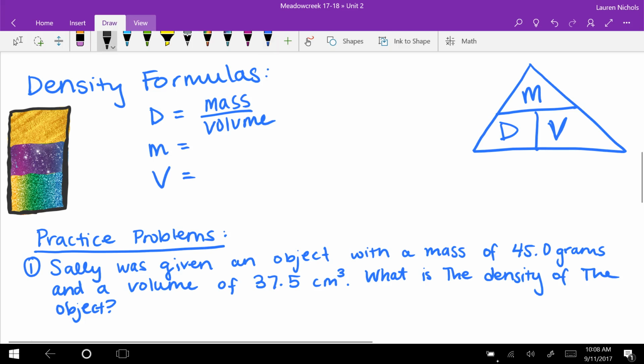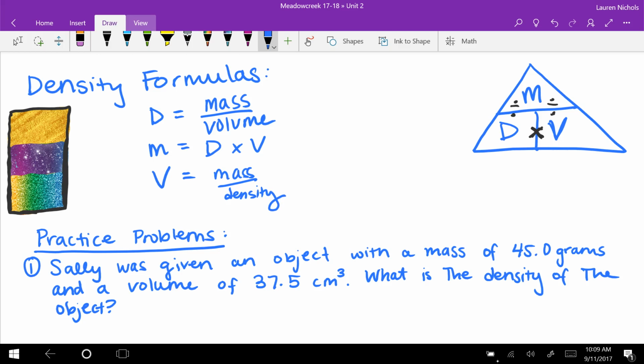And any number that is side by side is multiplied by each other, and anything that's top and bottom would be divided by. So we can use this to get our formulas. Mass is density times volume, and if we cover up volume, the V for volume, with our fingers, we have mass divided by density. And so this allows us to get our formula very quickly.